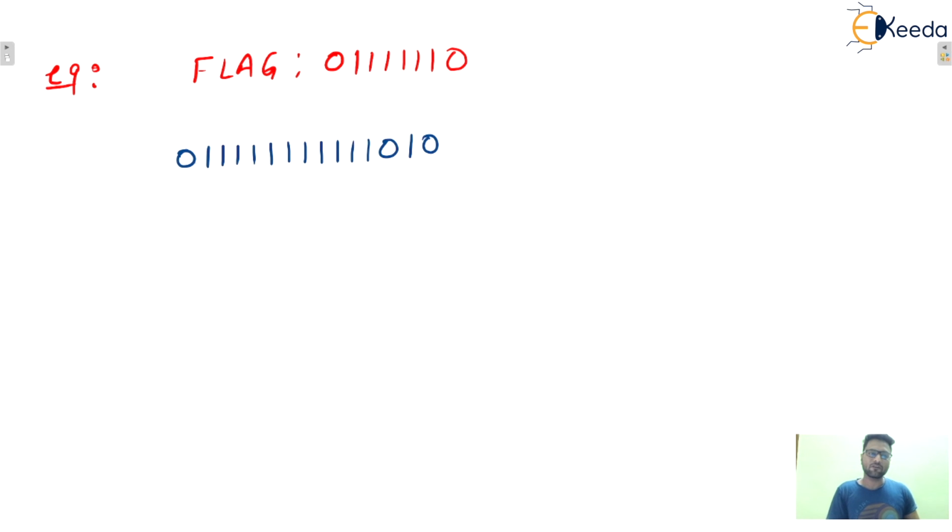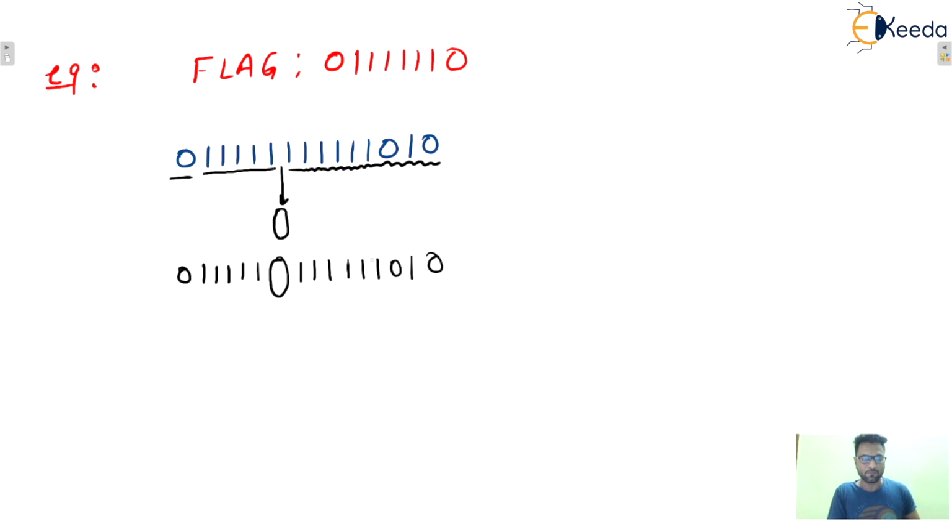So the rule is the same everywhere. After 0 followed by 5 consecutive ones, one bit will be stuffed here. Then there is no other 0, no problem. So during framing, this 0 will be stuffed, then 1 1 1 1 1 1 0 1 0.